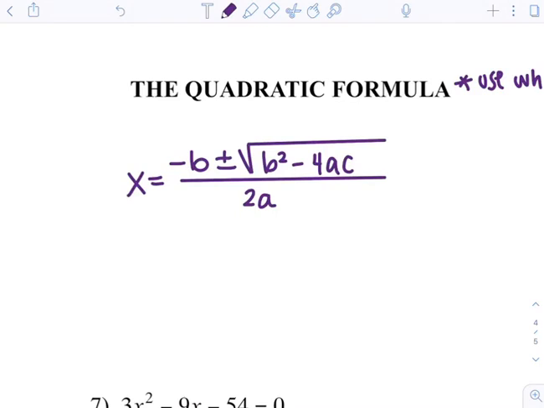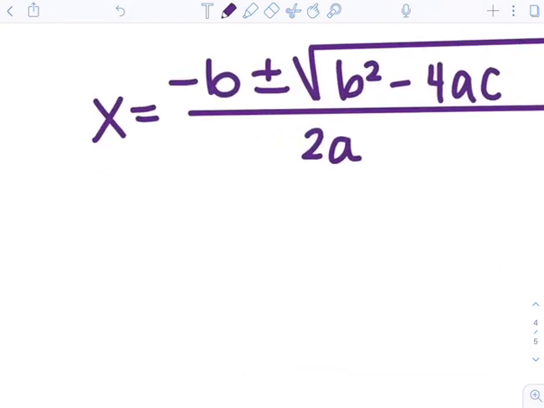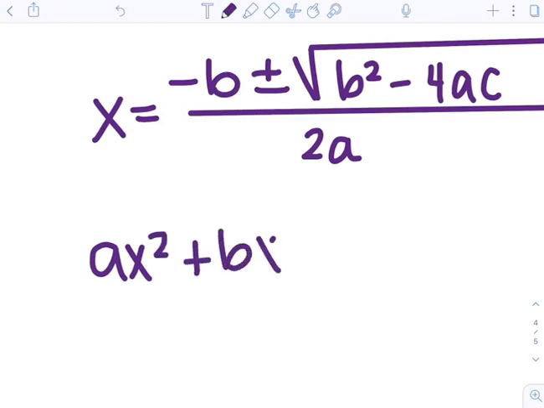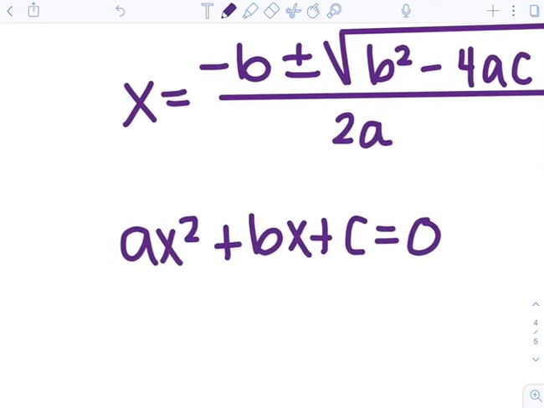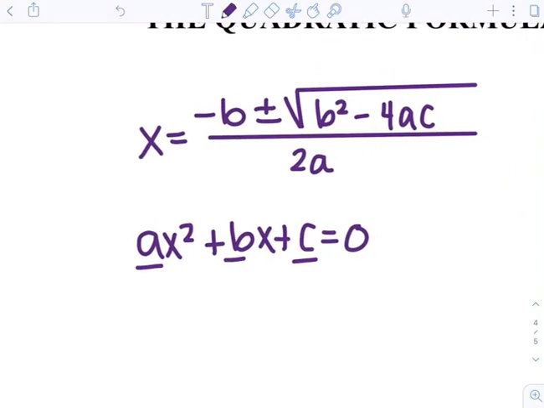Okay, so these a's, b's, and c's are coming from when you have a quadratic equation that looks like this. So you have your equation set equal to 0. You get your a from in front of your x squared. You get your b from in front of your x, and your c is your number that's by itself, that's not by a variable. So whatever numbers are there, you're going to plug into that formula.